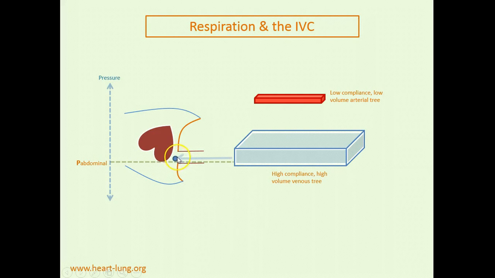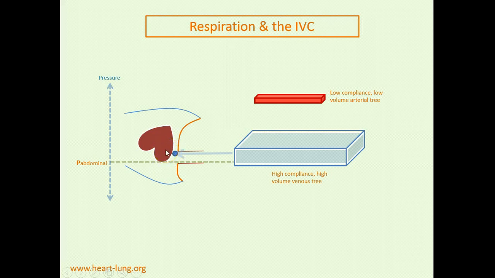It has a few conflicting forces driving it up or down. The right atrial pressure will tend to rise relative to the intra-abdominal pressure, the green line here, and that would tend to dilate the IVC. It tends to rise when there is an increase in venous return from the venous capacitance beds, and/or cardiac function is impaired.